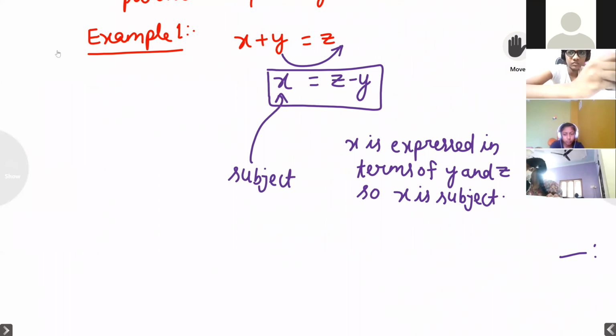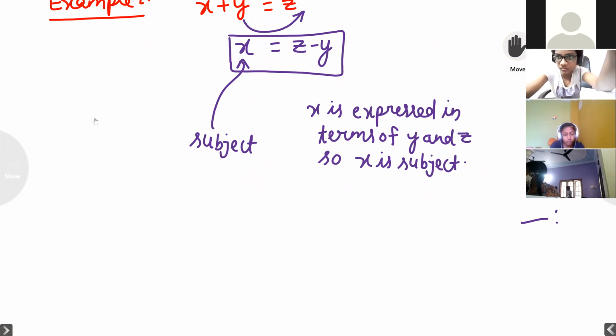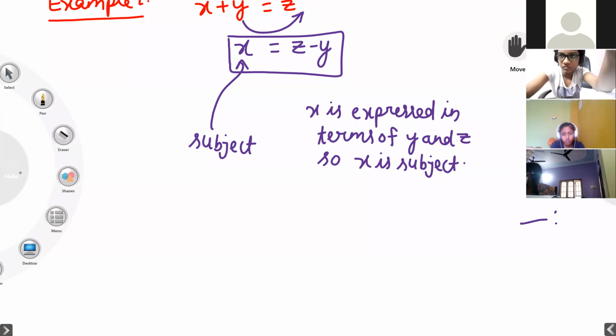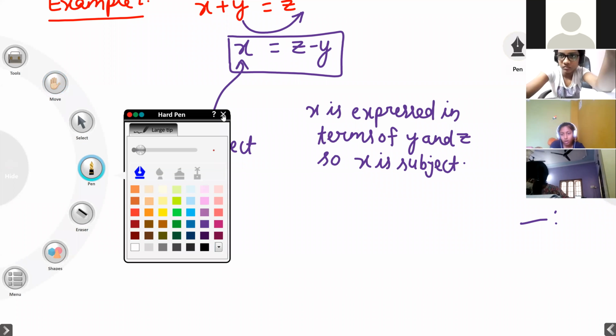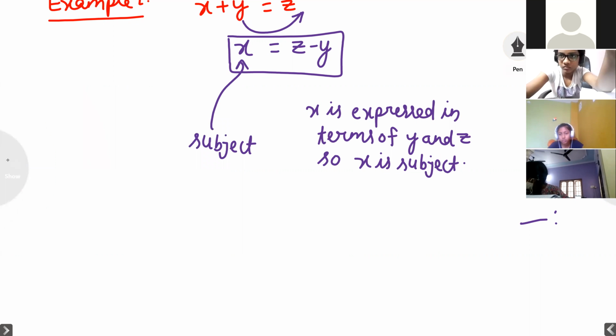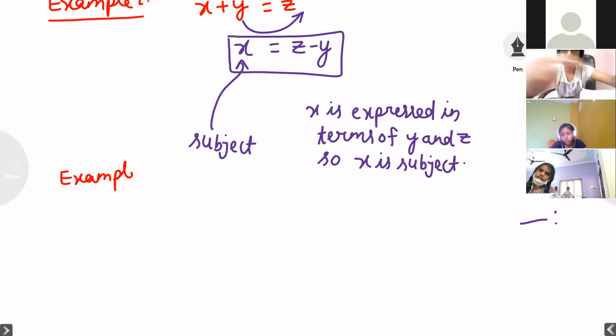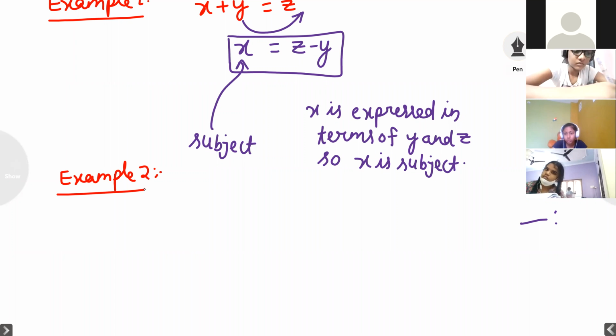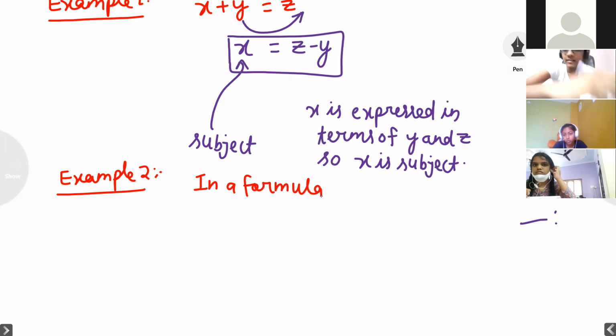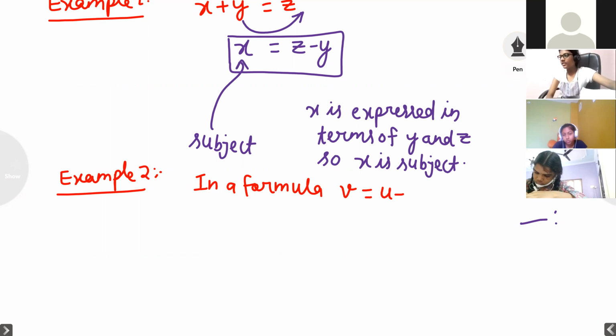Example 2. In a formula, v is equal to u plus at.